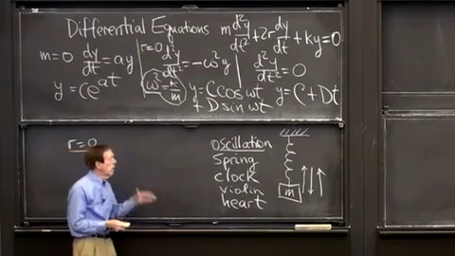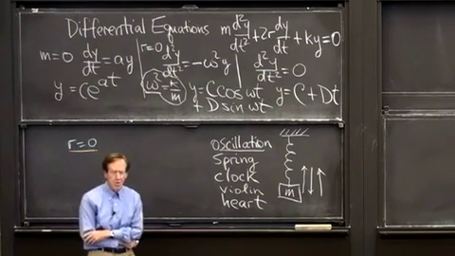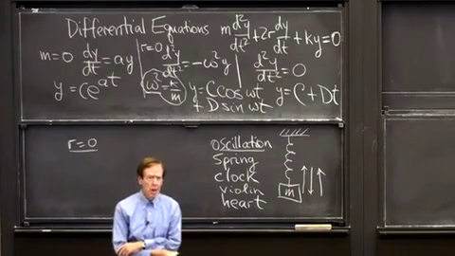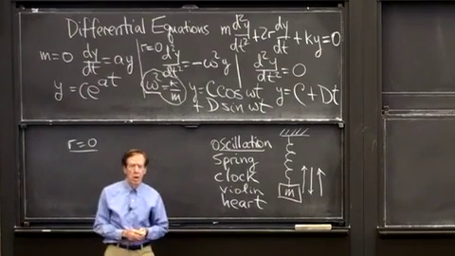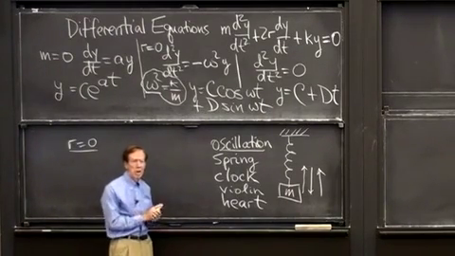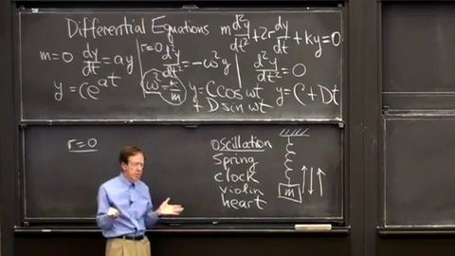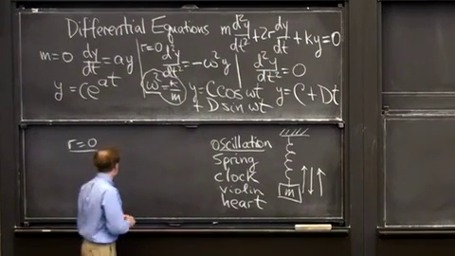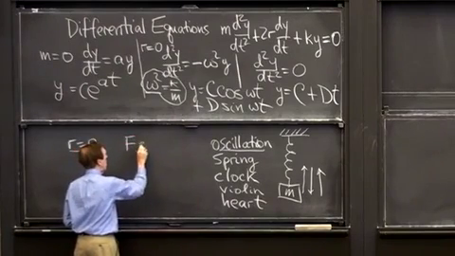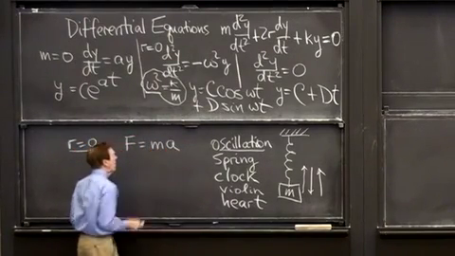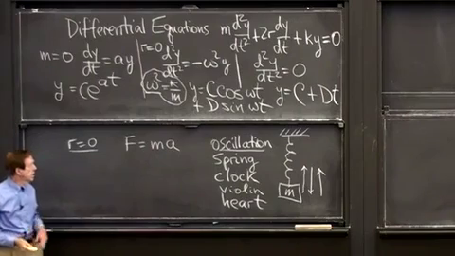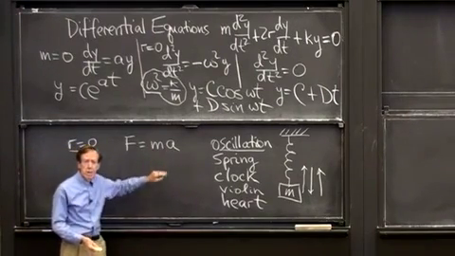So where does the equation come from? Can I do 2 cents worth of physics and then go back to the math, solving the equation? The physics is just remembering Newton's law, F equals ma. So there's the m, the mass. The a is the acceleration.